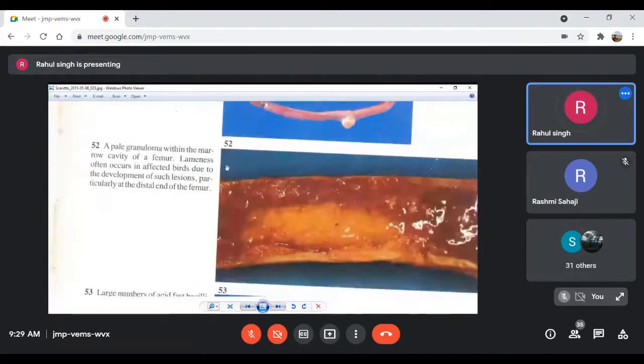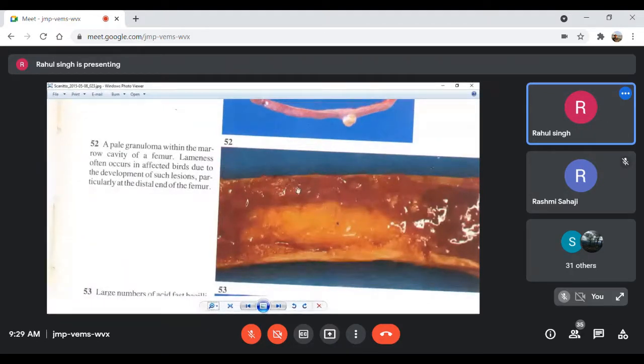Now this is the pale granulomatous area. This is the femur of the bird that has been cut open, and this is the bone marrow, and this is the granuloma developing in the bone marrow.